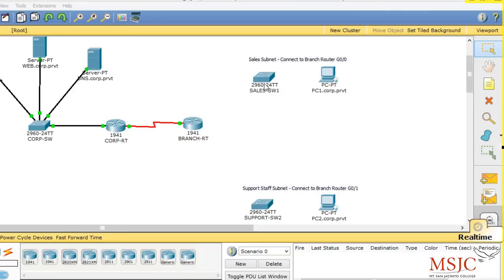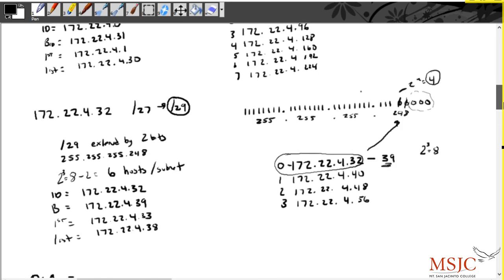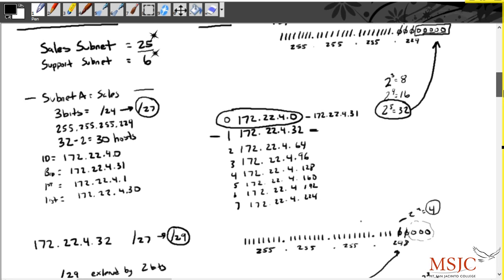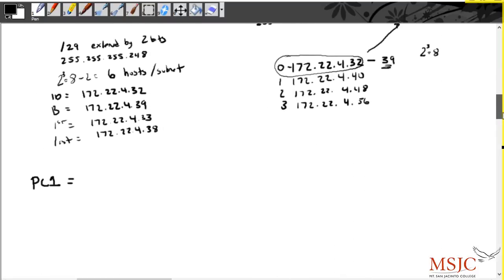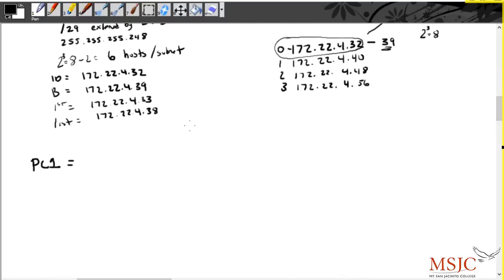PC1 sits in the sales subnet, and we've decided to assign the sales subnet the 172.22.4.0 network on a /27. The instructions said to give the PC the second available IP address and the router the first available. So the IP for PC1 would be 172.22.4.2, because .1 will be assigned to the router and .2 will be assigned to the PC.